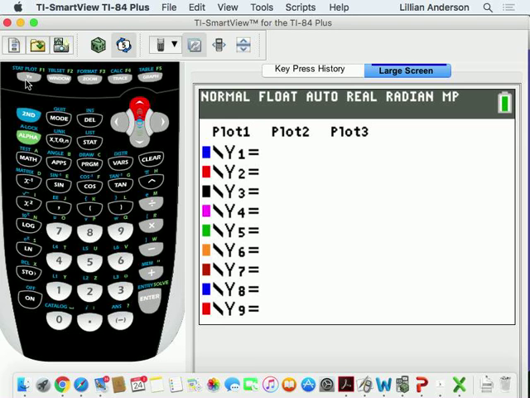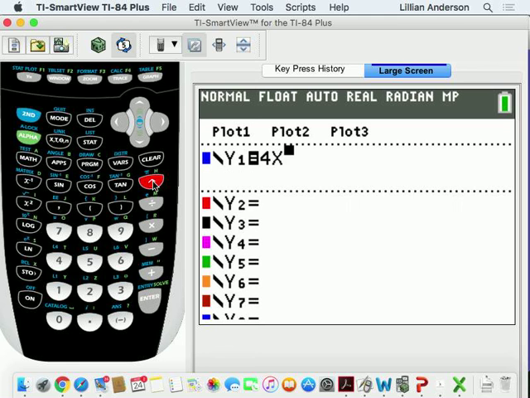We're going to type in the function now. The function was 4x cubed plus 1, correct? So we're going to type it in. You type in 4. X is located to the right of the alpha button. So you press 4 and then you go to the right of the alpha button and you press X. Now we have to go to the exponent. You press this little caret, some people call it up arrow, but I say caret. You press the caret button and then you type in a 3.